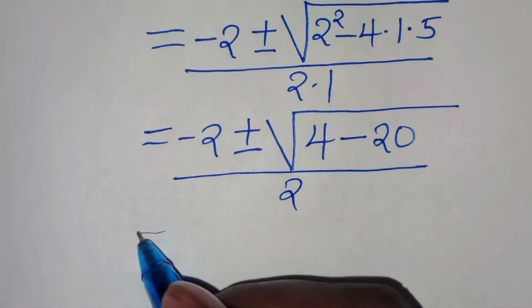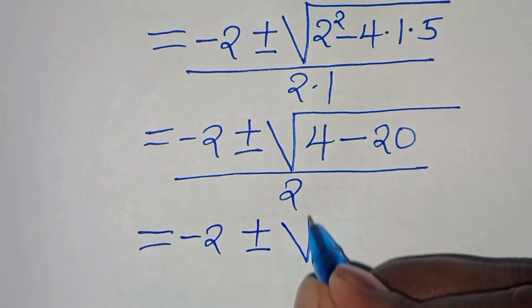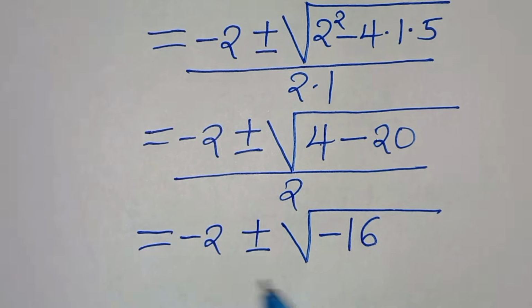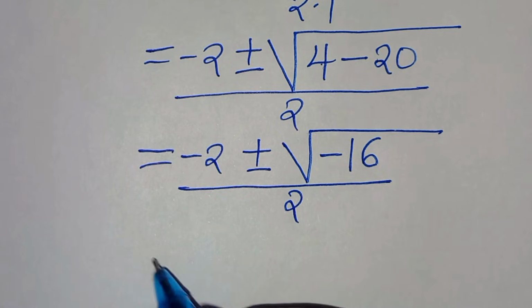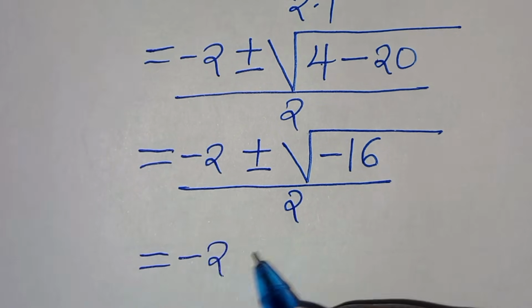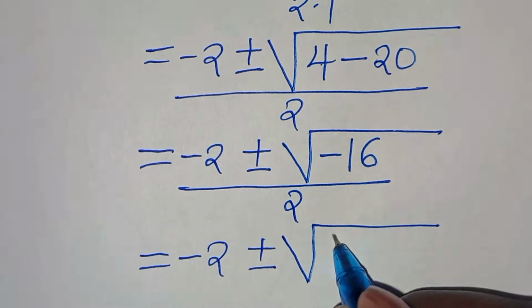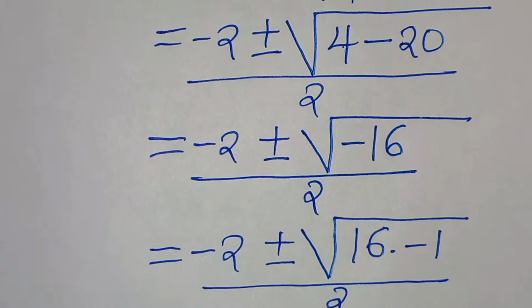So this means that we have minus 2 plus or minus the square root of 4 minus 20, this is minus 16, everything here divided by 2. And this implies that we have minus 2 plus or minus, we can express the square root of minus 16 as the square root of 16 times minus 1, over 2.